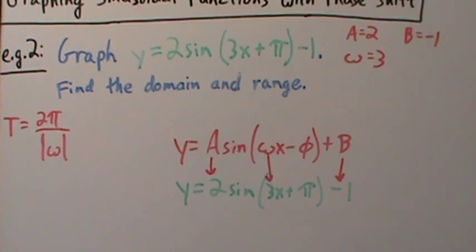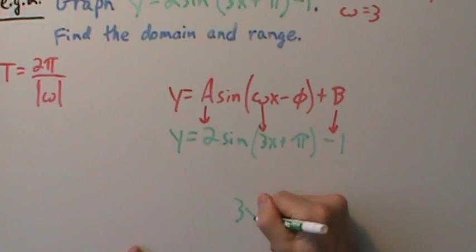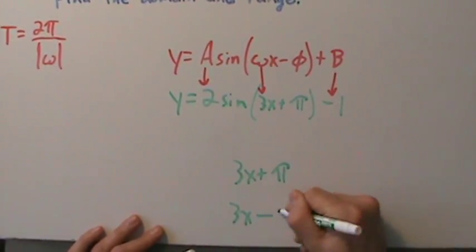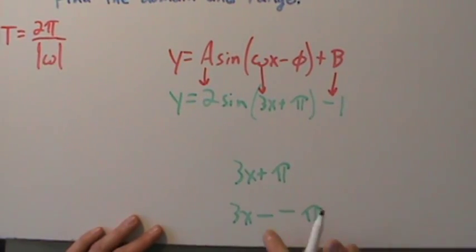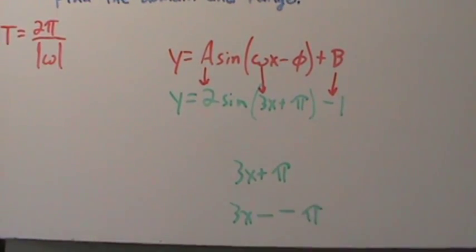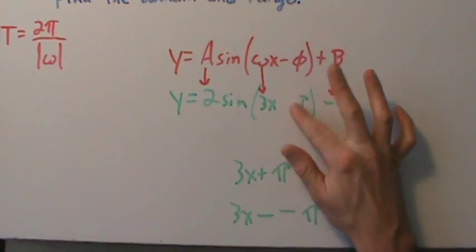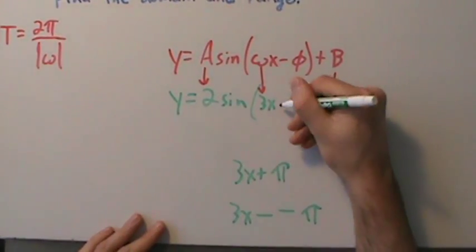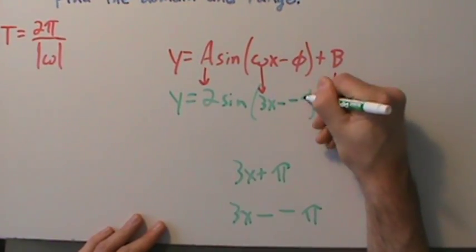So what we want to do, remember, 3x plus pi, that's the same thing as 3x minus negative pi, right? So if you subtract a negative, you're really adding. So we want to split it up like that. So why do we split it up like that? Because then everything will match. So then we have 3x minus negative pi.